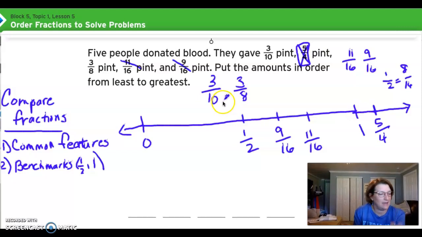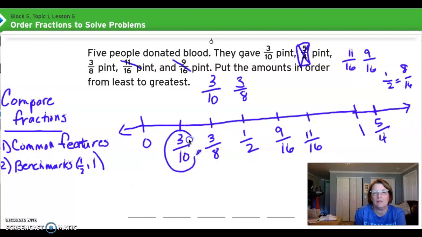If I had a cake and I cut it into 10 pieces, and if I cut that same size cake into 8 pieces, the 8ths would be larger. I'd have bigger pieces. So with 3/10, I've got 3 little pieces. With 3/8, I've got 3 bigger pieces. So 3/10 is less than 3/8.